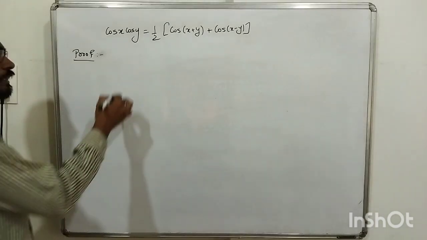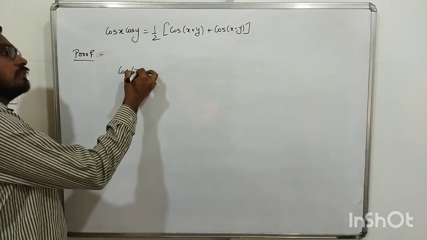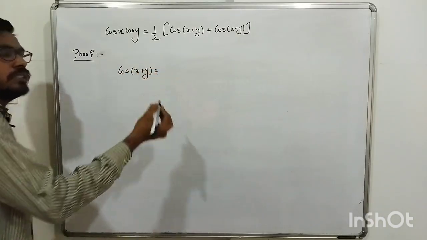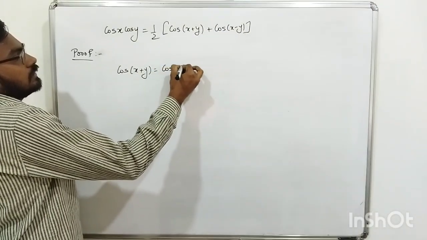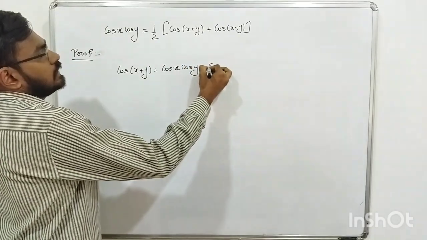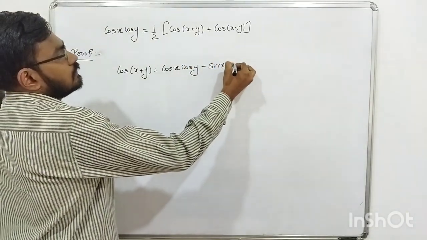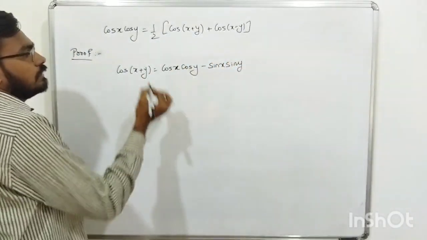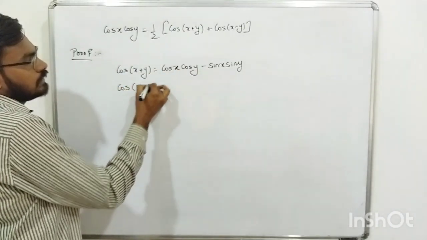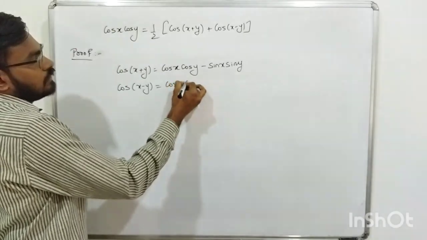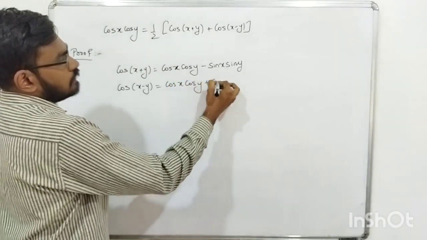First, cos of x plus y is cos x cos y minus sin x sin y. For cos, whenever there is plus here, there is minus here, and whenever there is minus here, there is plus here. Similarly, cos of x minus y is cos x cos y plus sin x sin y.